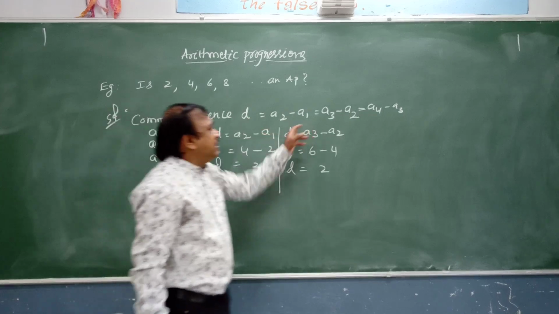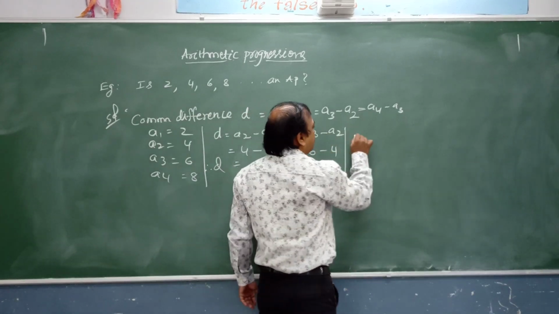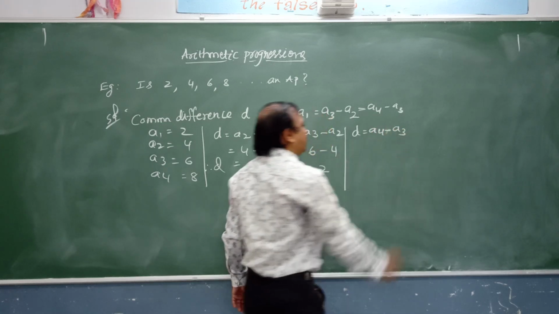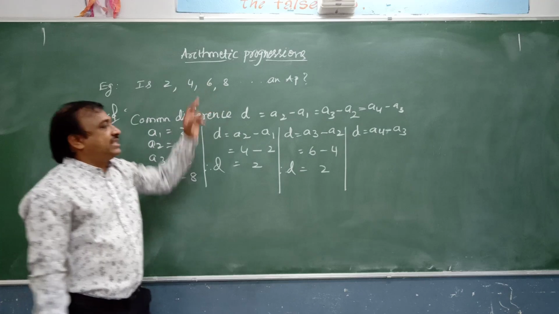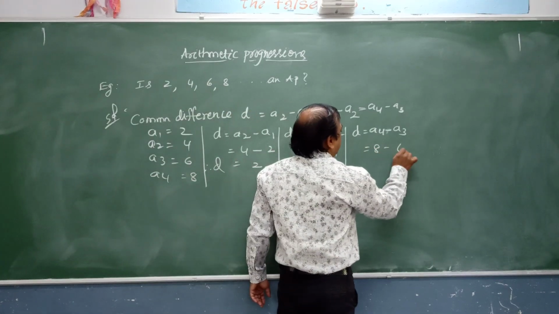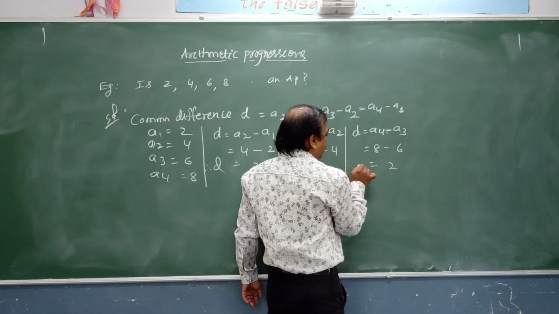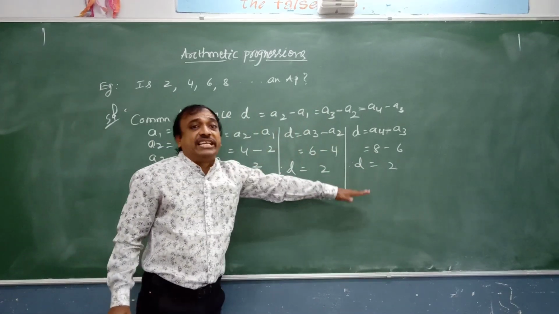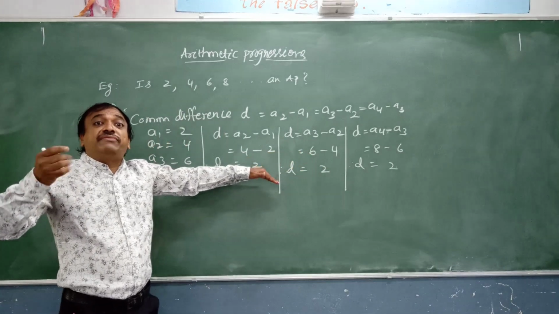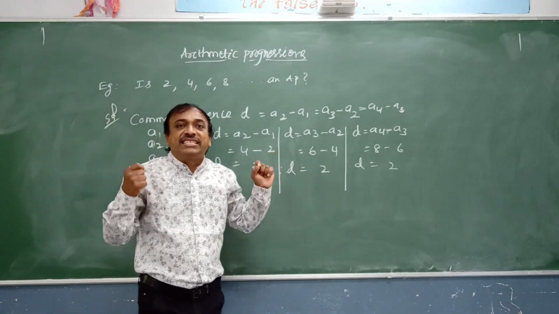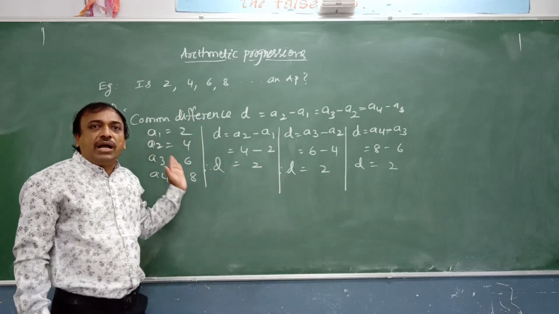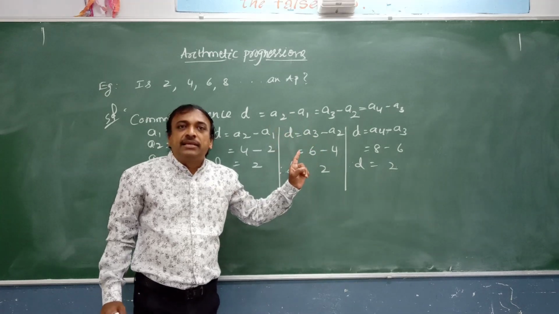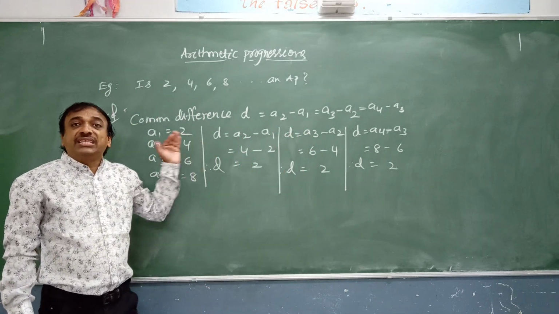Then D is equal to A4 minus A3, which gives the difference 8 minus 6, equal to 2. Therefore D is equal to 2. You see, every place the common difference is the same. If they ask you to check whether it is an AP or not, you have to find the common difference for the given terms in the series.